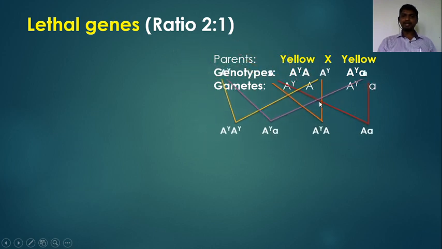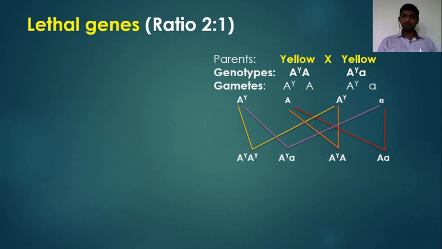These gametes have been produced by the combination of these alleles: capital AY, capital A of this parent, and capital AY, small a of the other parent. These combinations we are going to make here. Capital AY may get associated with capital AY, so the gametes possess the alleles AY, AY.